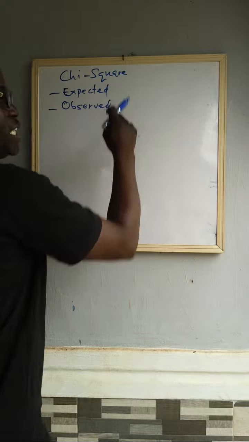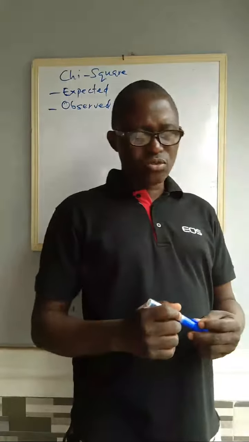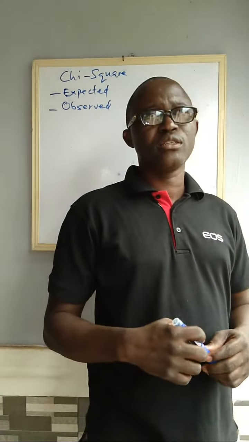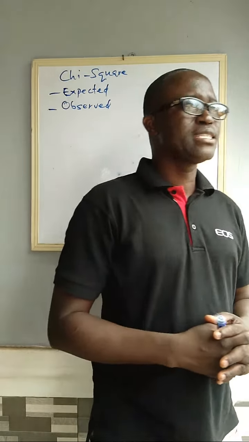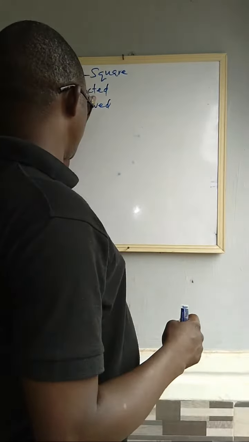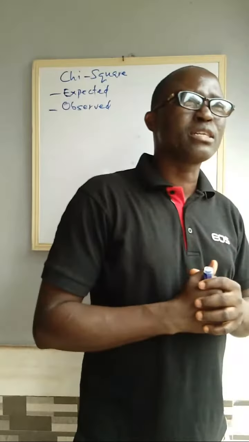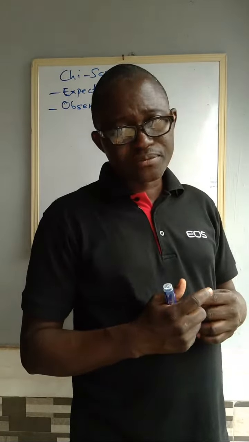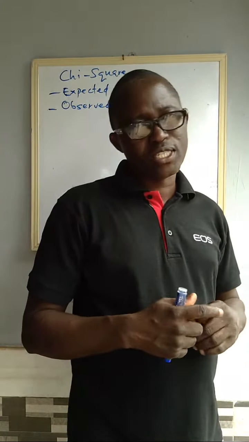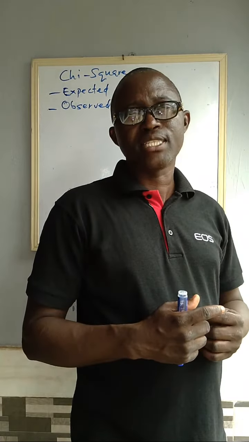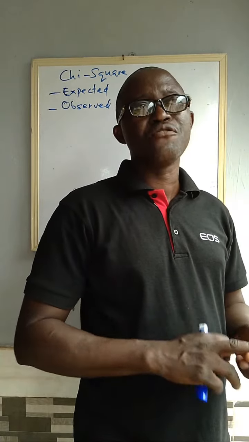So you can subject these two into statistical analysis called chi-square. All right. So chi-square test is very good, and it can be used for 2 sets of data, 3 sets, even 4 sets. It's very good at determining that. So you can now make an inference.